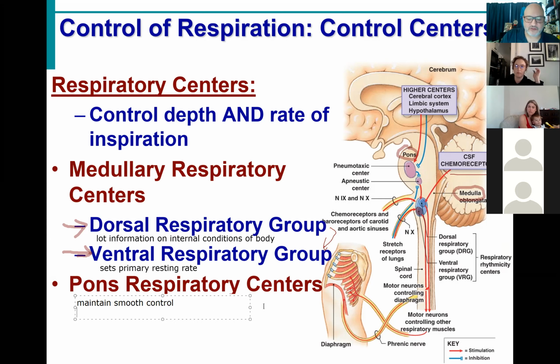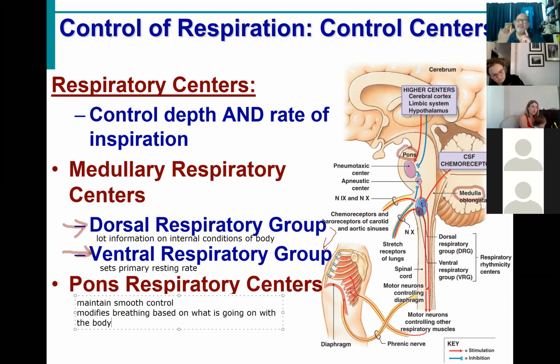But it also modifies breathing based on not so much what's happening internally in the body, although that can be part of it, but based on what's going on with the body. If you are exercising, if you are scared, if you are warm, if you are cold, right?